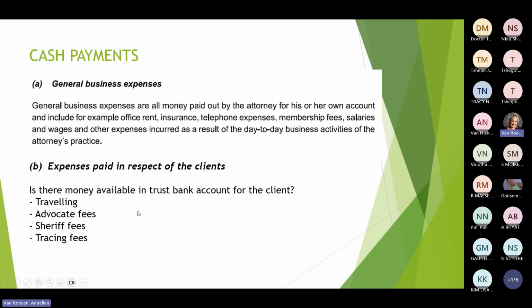You can't pay an advocate fee for Mr. B if there's no money of Mr. B in that trust account. You can't use Mr. A's money to pay advocate fees for Mr. B. You're not allowed to do that. So if there's money in the bank deposited by Mr. B, you can pay Mr. B's advocate fees from that money. So that's why, as you can see, it's very tricky and very important to keep track of exactly what money you are paying on whose behalf.